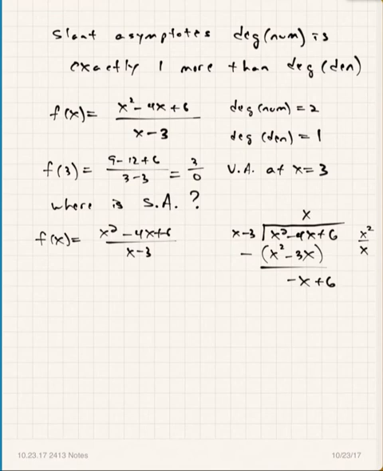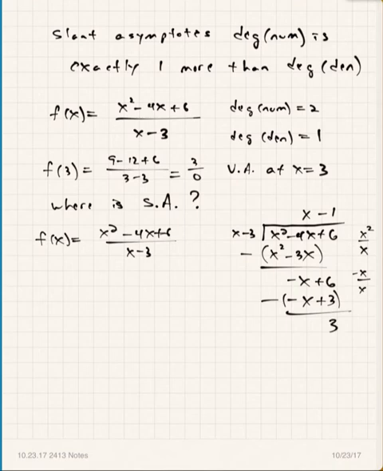And then you take the first term of the dividend that's left, divided by the divisor, negative x divided by x, and you get negative 1. When you multiply there, you get negative x plus 3. You subtract, and you get negative x plus x is 0, and 6 minus 3 is 3.